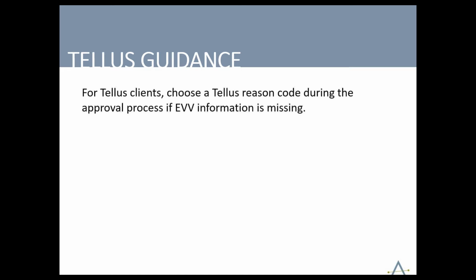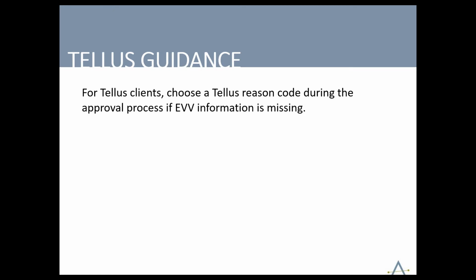So on that note, let's talk about some of that variance, like your TELUS guidance. If you use TELUS as a clearinghouse, you want to choose a TELUS reason code during the approval process if you're missing EVV information. And I do want to clarify, it is EVV information.